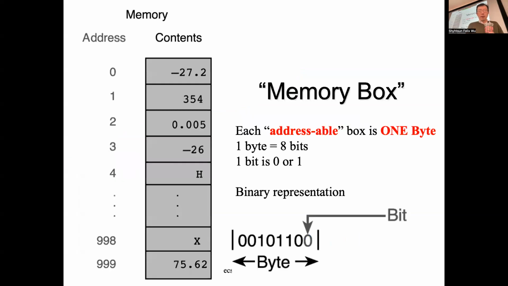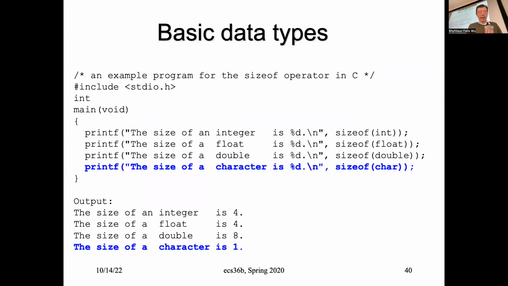Okay, so let's go to the memory box. I think you already know this, so I'm just going to show a useful program, not so much with pointers, but a very important one called sizeof.